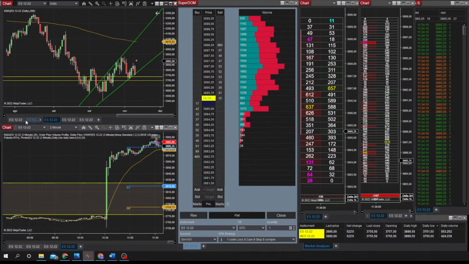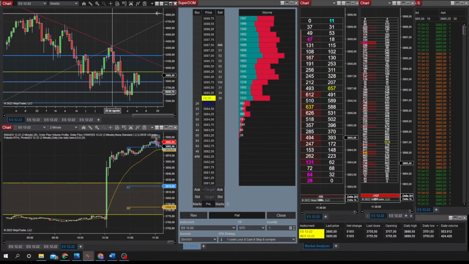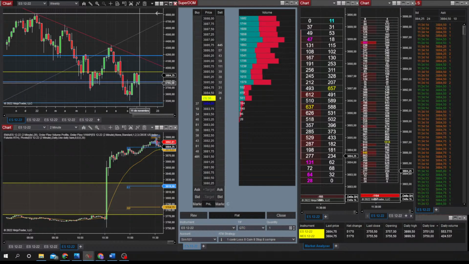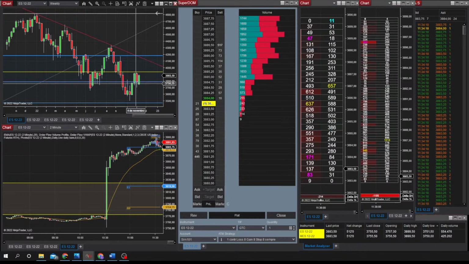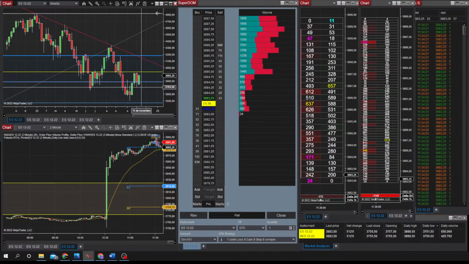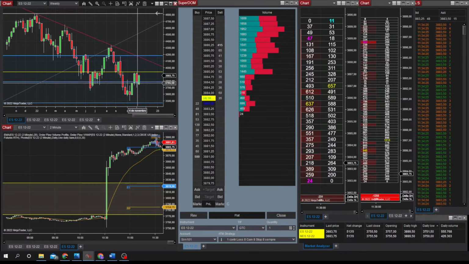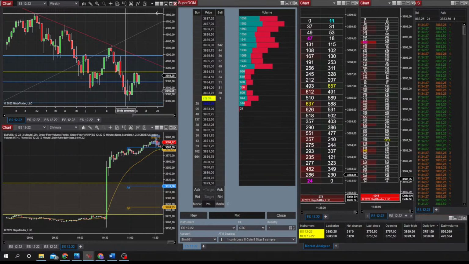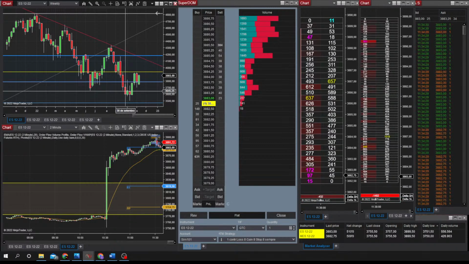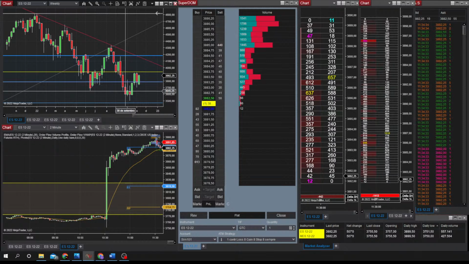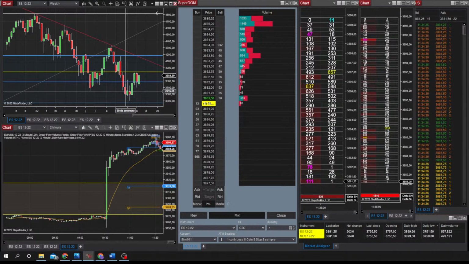And also, as I've been saying in our weekly newsletter, 3820 was really an important region, both to go up, and it was also important to remain above it to keep the potential for new upward moves.